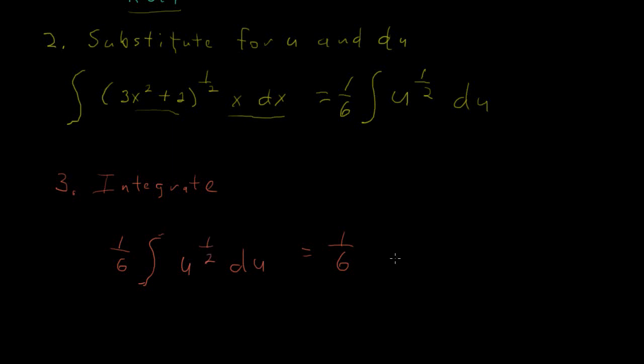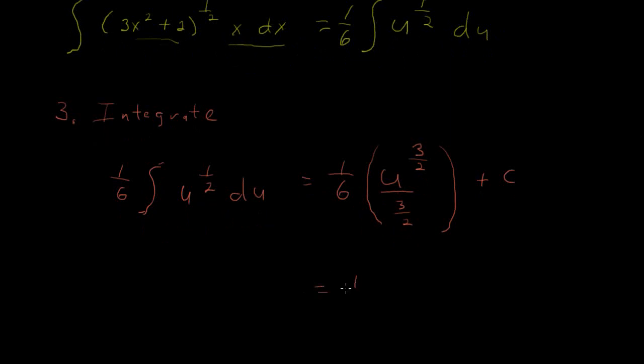All we do is add 1 to our power. That will bring it up to u to the 3/2. 2/2 plus 1/2 is 3/2, and then divide by the new power, 3/2. And then don't forget, this is an indefinite integral, so you need to put plus c.